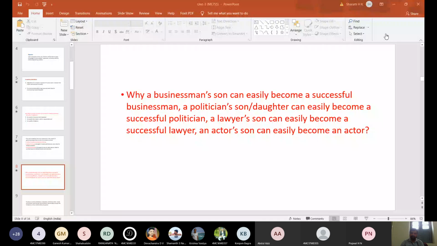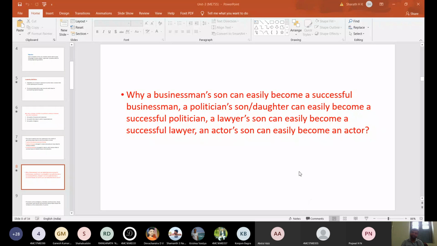Why is it easy for a businessman's son to become a successful businessman? What is the reason? Sir, in business cases, the investors will be knowing his father. In case of actors, producers know his father.